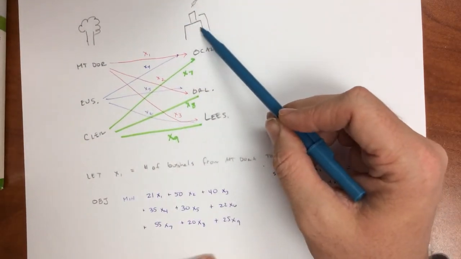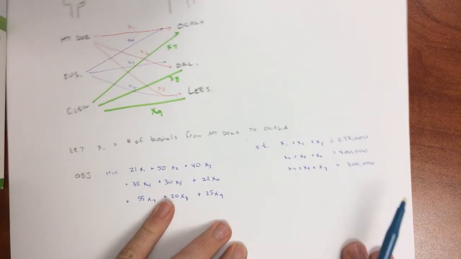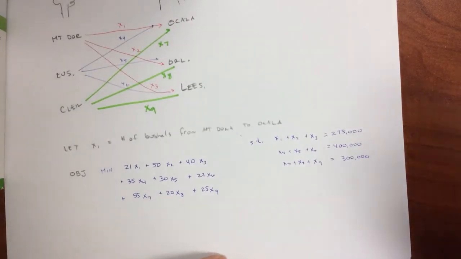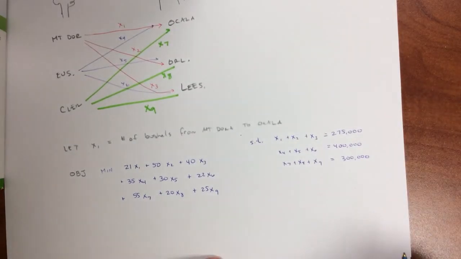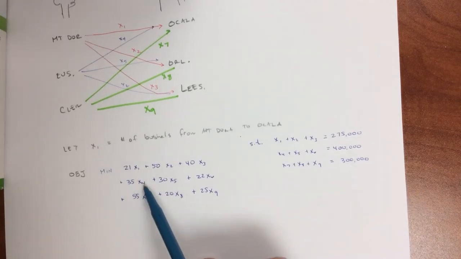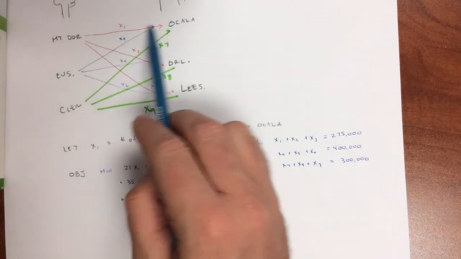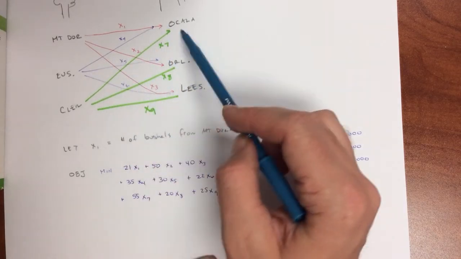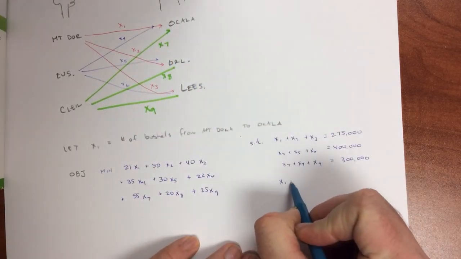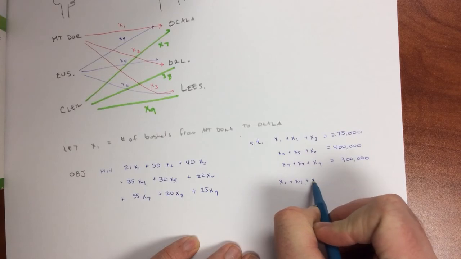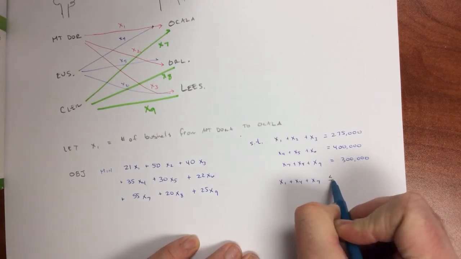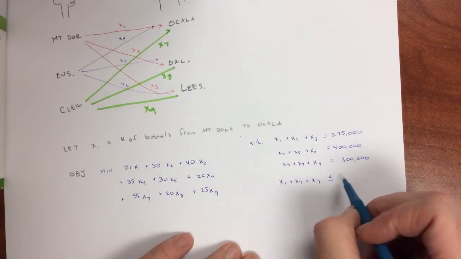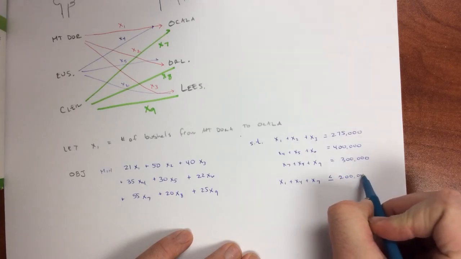Now we just have to think of our processing constraint, because each facility can only handle so many peaches. The peaches that Ocala receives are X1, X4, X7, so X1 plus X4 plus X7 has to be less than or equal to the capacity, which is 200,000.